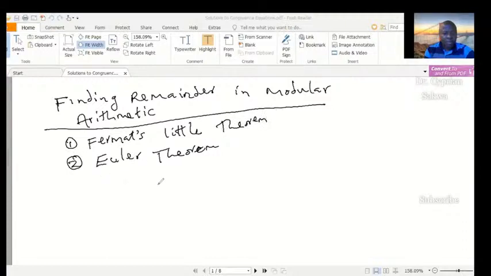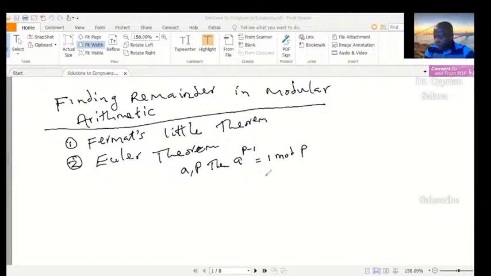Fermat's little theorem says that if you have two integers, a and p, where p is a prime integer which does not divide a, then a raised to p minus 1 is congruent to 1 mod p.